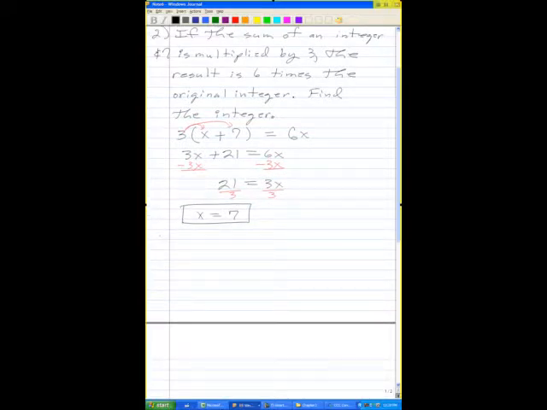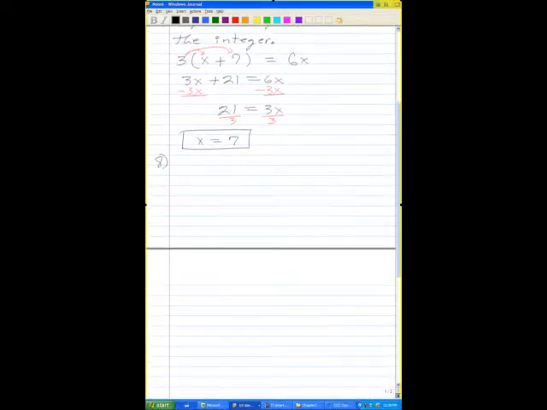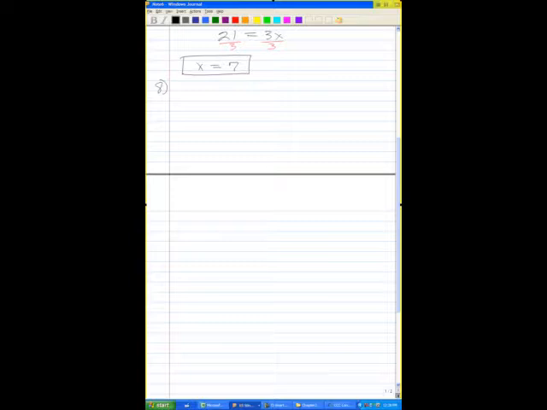Let's do problem number 8. And notice 7 is an integer. So that's good. If you found something that was not an integer, then you'd have no solution.